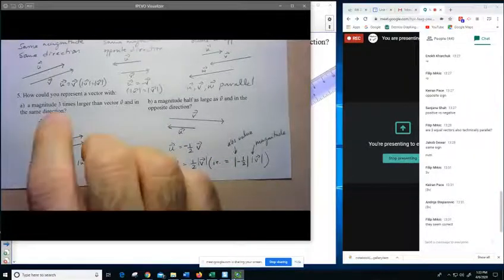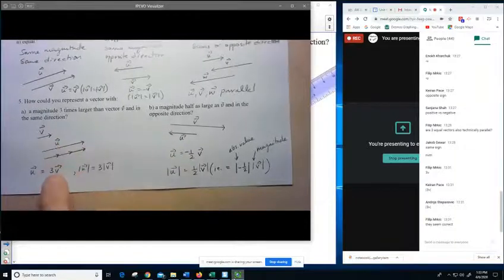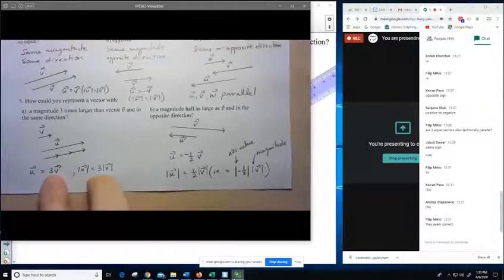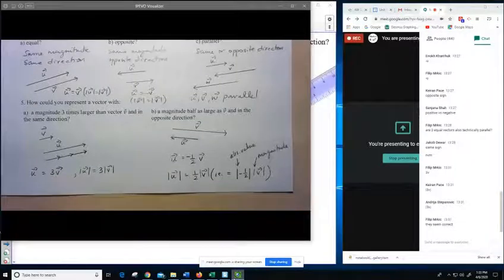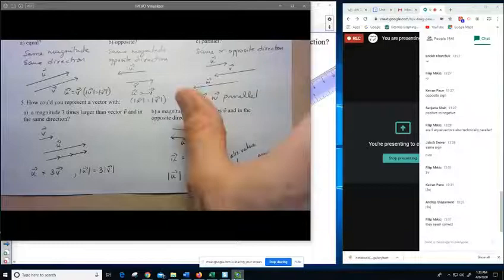And so since we're taking a vector and multiplying it by a scalar quantity, it's not too surprising that what we call this operation is scalar multiplication. All right? So let's take a look at this idea of scalar multiplication.